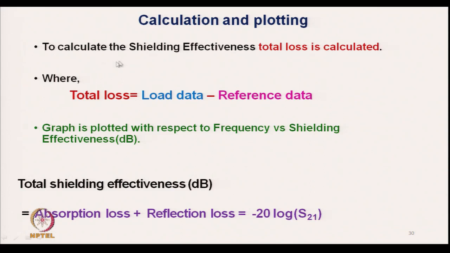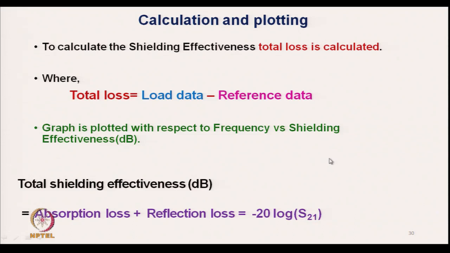To calculate the shielding effectiveness, the total loss is calculated. Total loss is equal to load data minus reference data, and then graphs were plotted where the x axis is frequency and the y axis is shielding effectiveness in decibel.